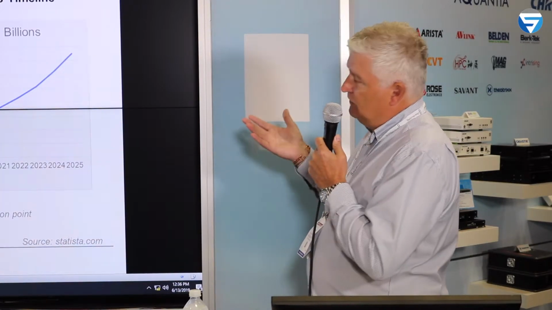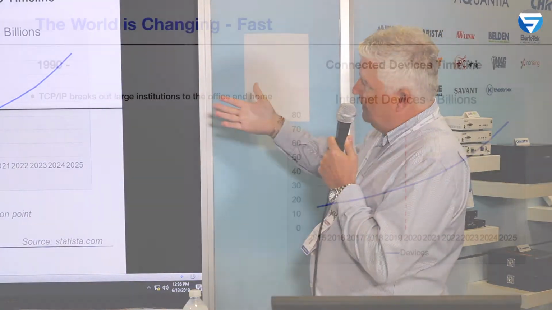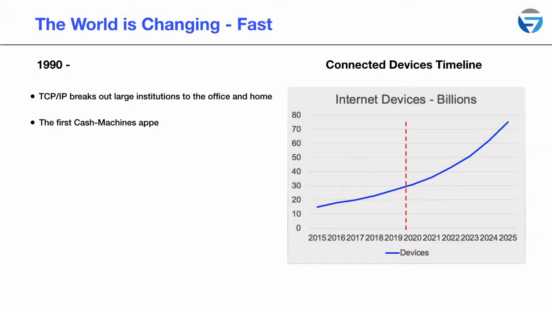And what's interesting is that in less than 30 years from when IP was born, we had the first cash machines, one of the first global uses, connecting our lives to money. Then the mobile phone companies wanted to get involved, so for data they invented 2G, which wouldn't even operate now. The first video phones were launched, all in 1990.